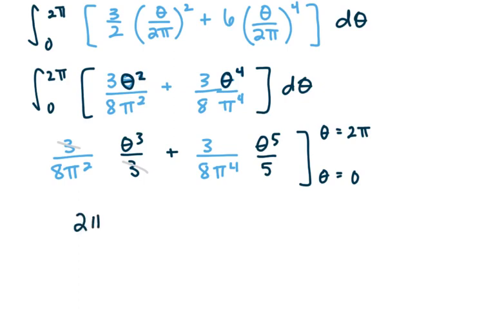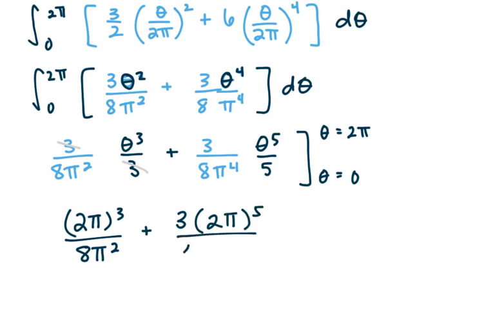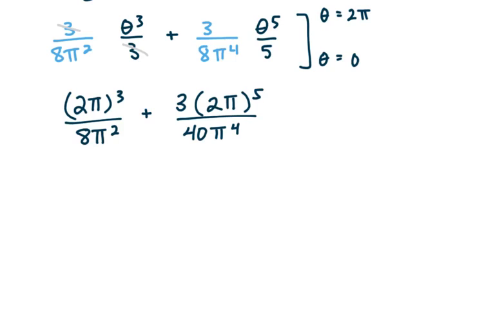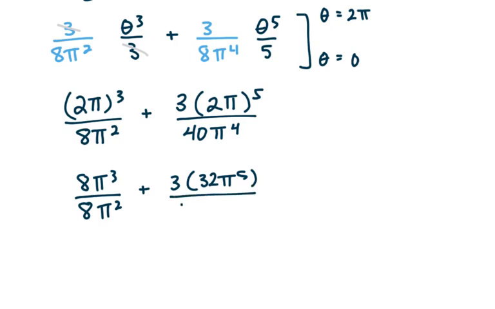So I have 2 pi cubed over 8 pi squared plus 3 times 2 pi to the fifth over 40 pi to the fourth. And now I have 8 pi cubed over 8 pi squared plus 3 times 32 pi to the fifth over 40 pi to the fourth.